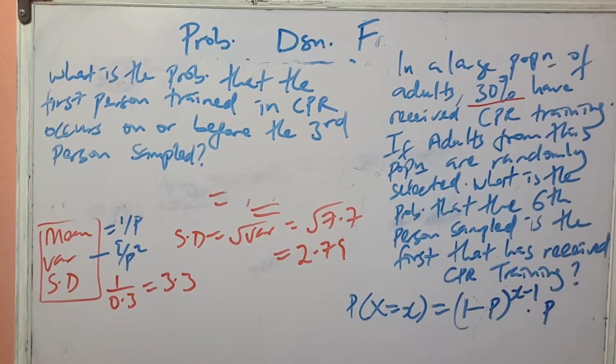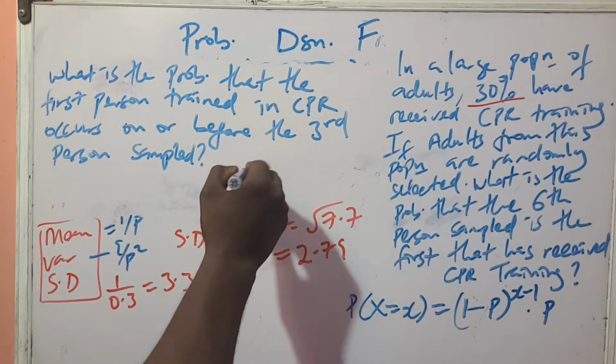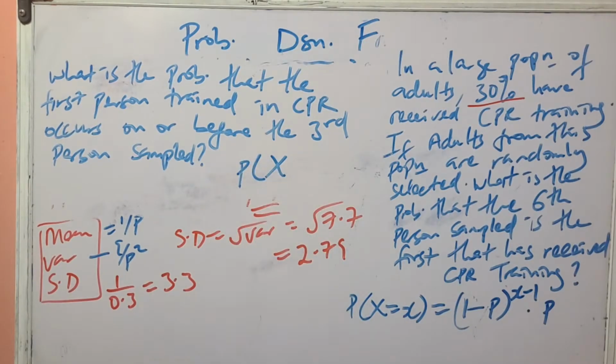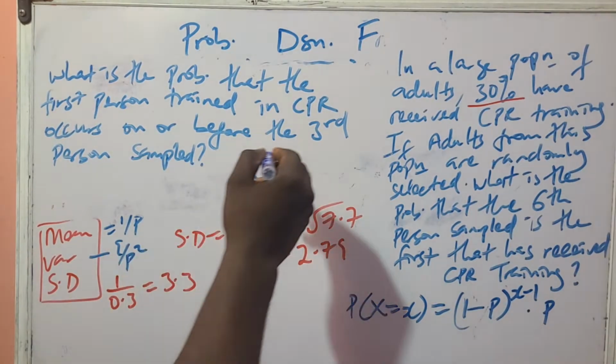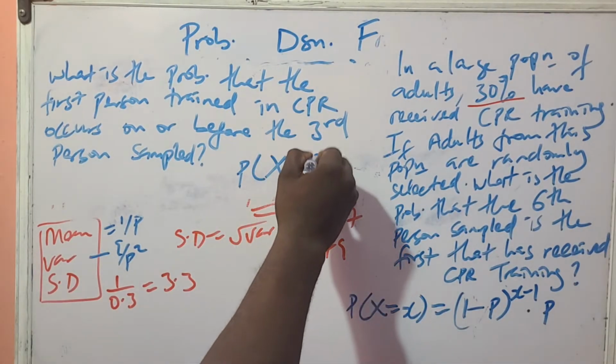So you understand that in this case, they're asking you to find what? If you look carefully, on or before the third person sampled. That means the probability of x less than or equal to 3.